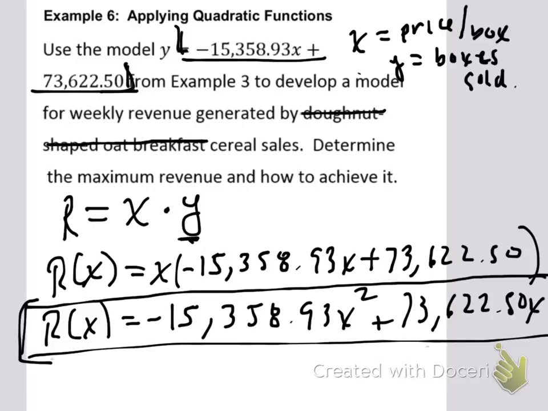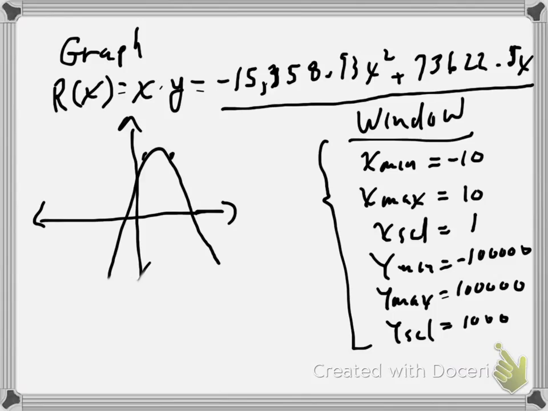Well, we're going to first graph this. Go ahead and go to your y equals, enter this equation in. What you then want to do is go to your window and type in these values. Once those values are entered in, hit graph, and this is what you should see here. Something that looks like this.